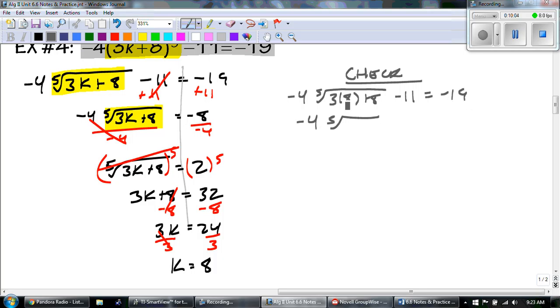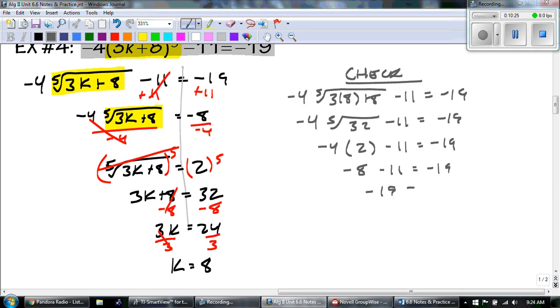Well, 3 times 8 is 24, and 24 plus 8 is 32. 32 to the 5th root is 2. Negative 4 times 2. And if you do that, check it. It works. Woohoo! So we know that k equals 9. Sorry, not 9, 8.